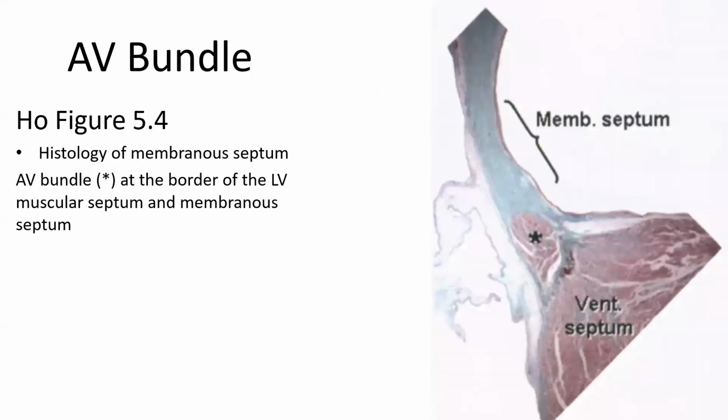And shown here, a nice micrograph from Ho and Ernst really shows that this fibrous membranous septum is split by the tricuspid valve, and the AV bundle rides inside the membranous septum, insulated, and hugs this crest of the muscular septum here.